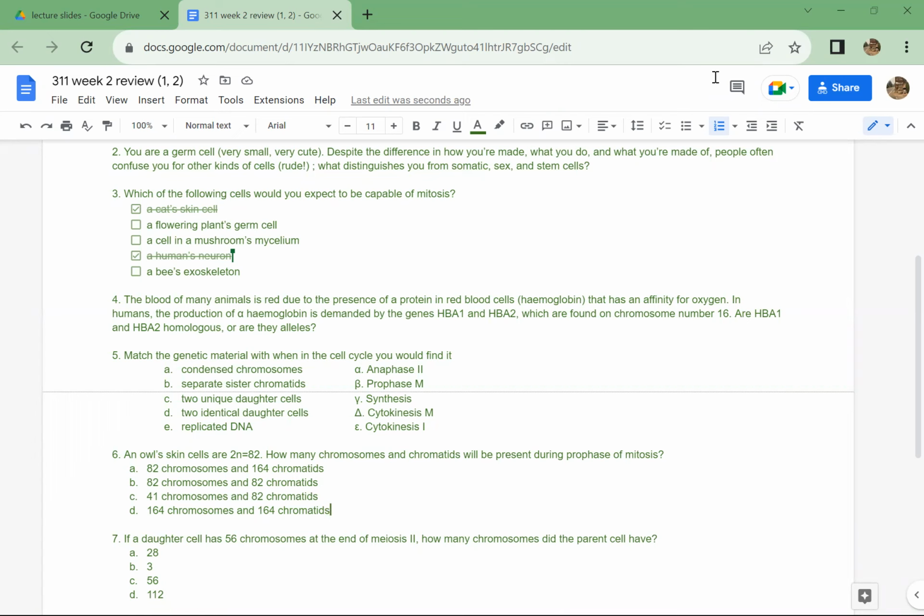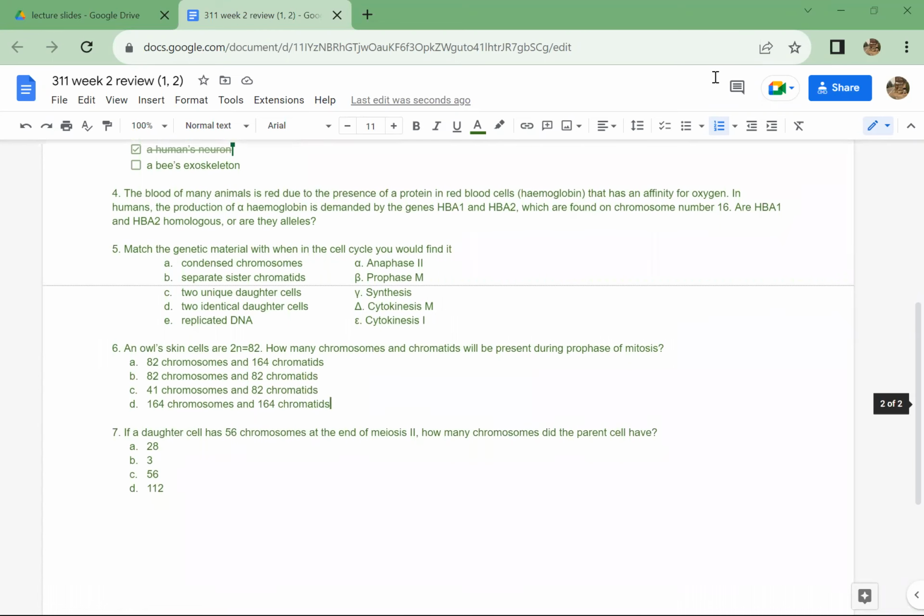An exoskeleton is actually the secretion of epithelial cells. So you'll find some sclerotized or generally cuticular secretions that come from epidermal cells in insects like bees, arthropods in general. And because it's not actually a cell, it would not be capable of mitosis. Sorry for tricking you.